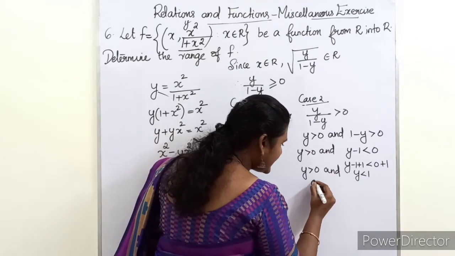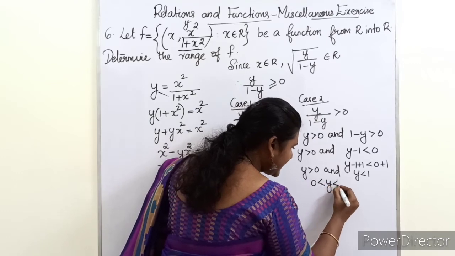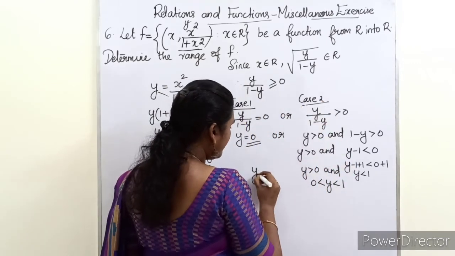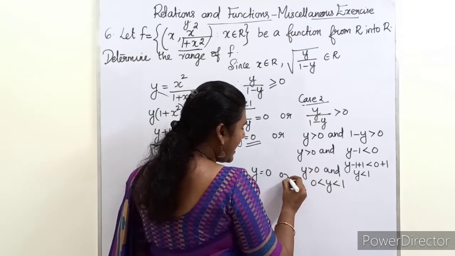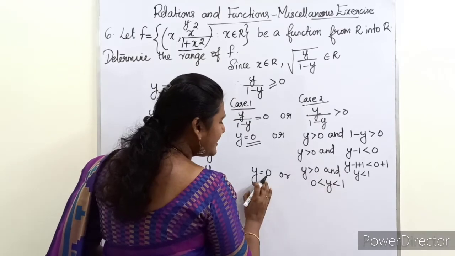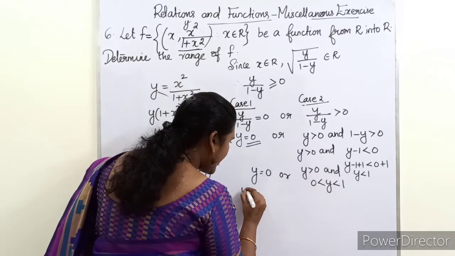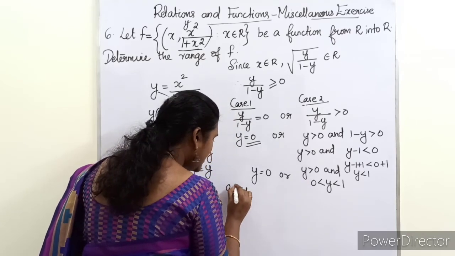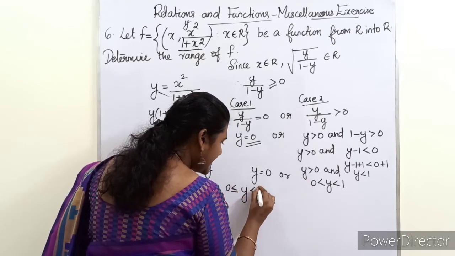So we can write 0 less than y less than 1. So case 1 we got y equal to 0, and case 2 we got 0 less than y less than 1. So combining these two conditions, we can write 0 less than or equal to y less than 1.